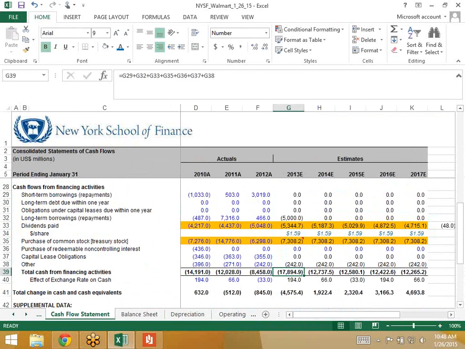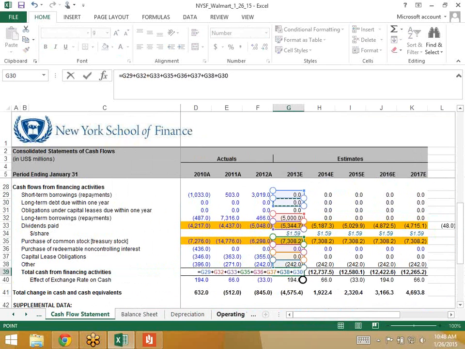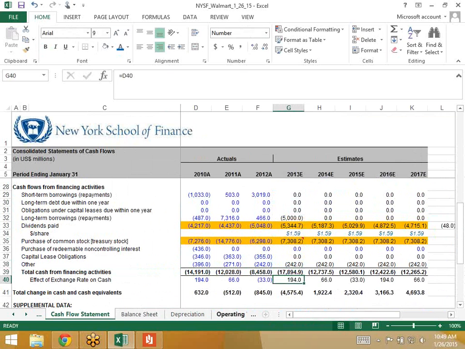You also want to make sure that the financing activities includes those line items. I realize it doesn't. I'll make sure the totals work out. So add to the total cash from financing activities the long-term debt due within 1 year and the capital lease obligations due within 1 year.